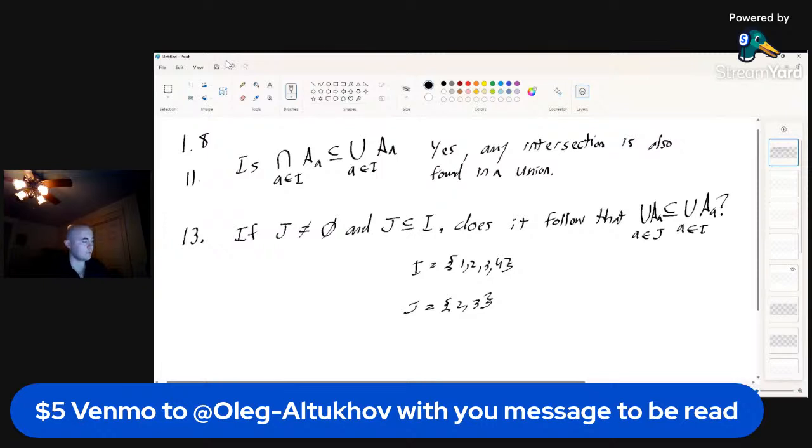I think both are yes. I'll put it this way: something that is a smaller piece of a larger whole, but these are sets, I would think they would all be part of it. In this case, the I is the index. So the index itself is not the set.